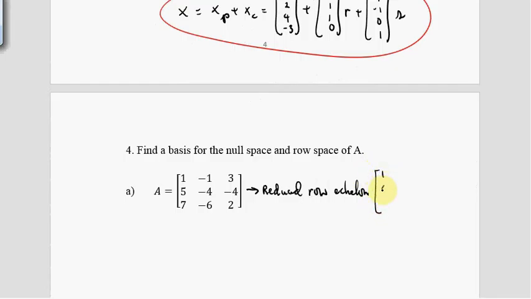One, 0, 0, 0, 1, 0, negative 16, negative 19, and 0.